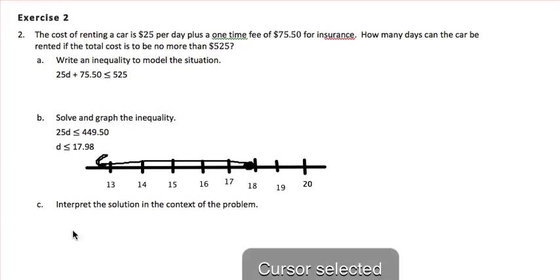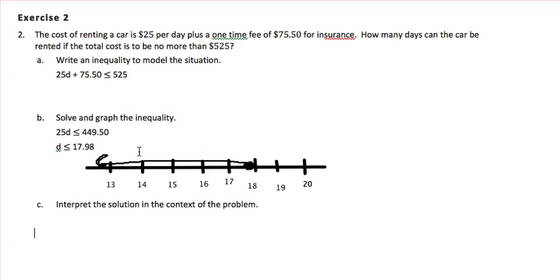Finally, we need to interpret our solution in the context of the problem. And the solution is the car can be rented for 17 days or less to stay within the $525 amount. And the reasoning behind that is that the rental of the car is per day.